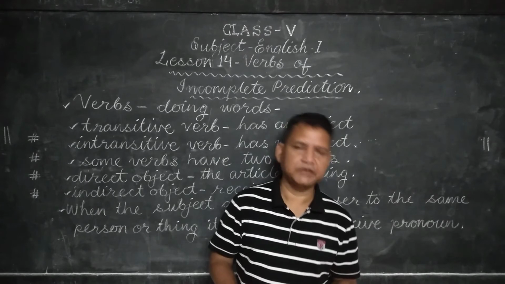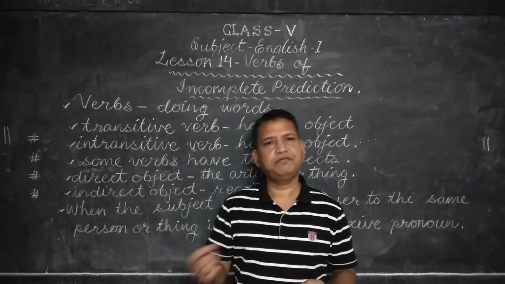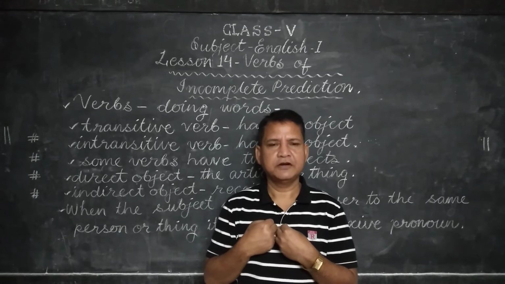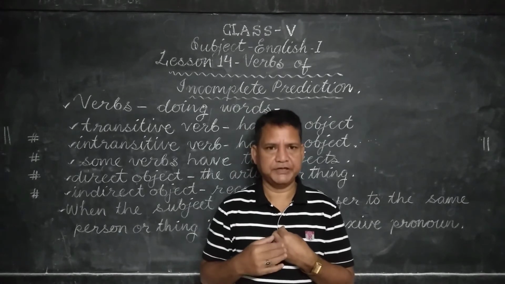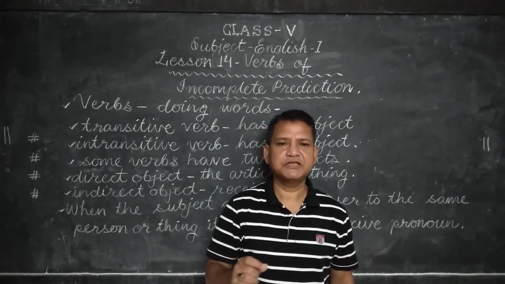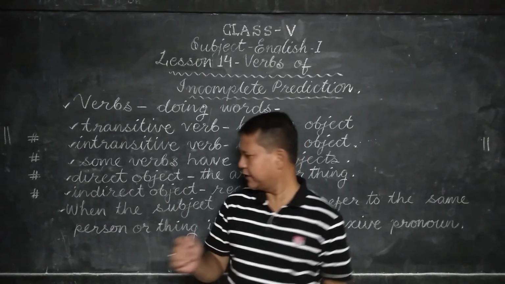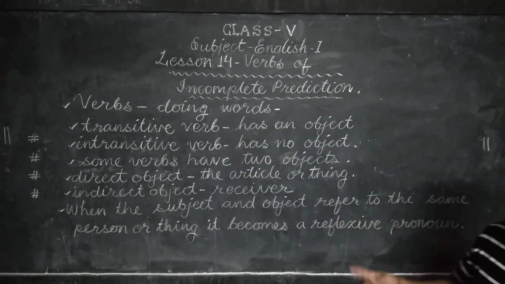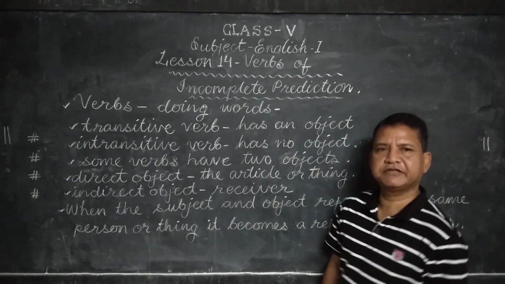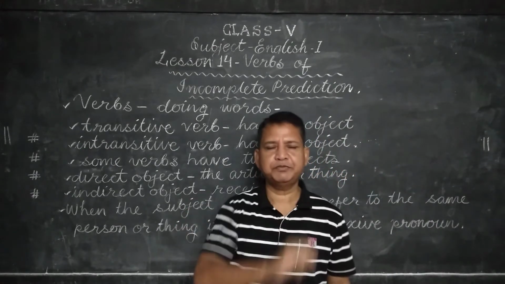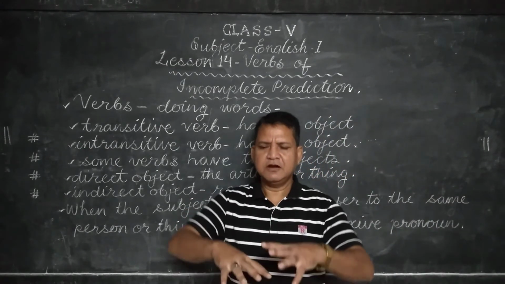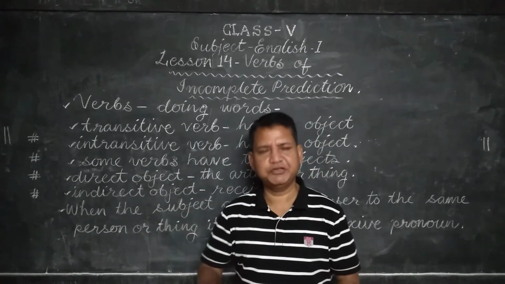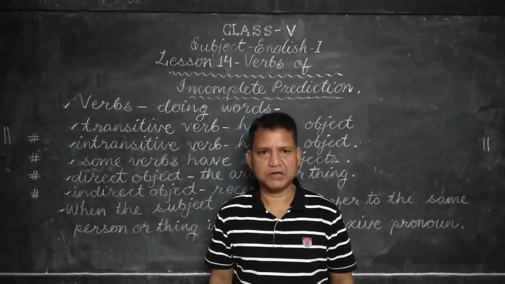There is no other person involved here. So this is called a reflexive pronoun. When something happens to the doer or the subject, it is called a reflexive pronoun.